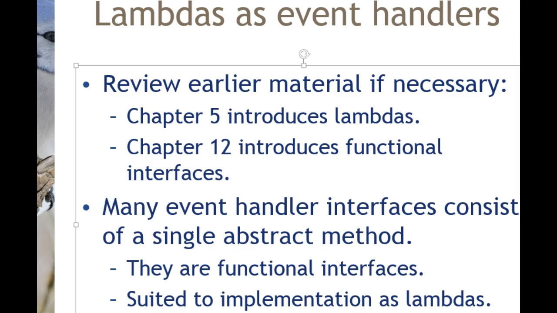The ActionListener interface contains a single abstract method, which means that it fits the definition of a functional interface. So when we are calling the addActionListener method of a menu item, we can use a lambda expression to specify the action to be taken when the associated action event occurs.